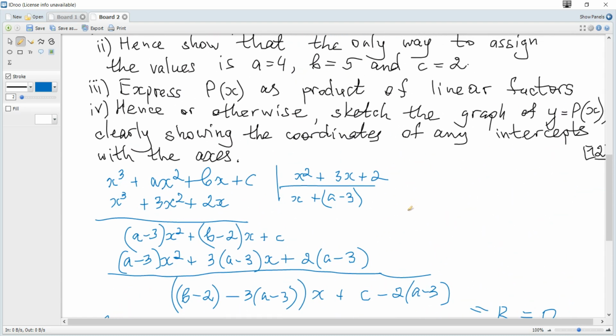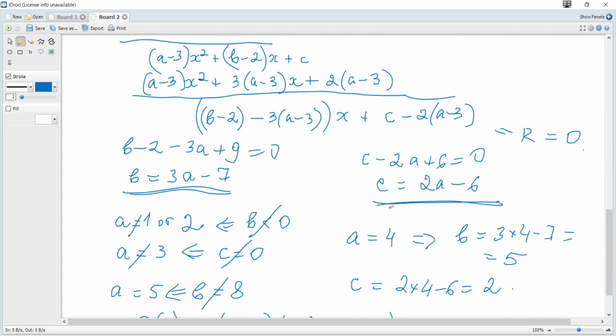Linear factors. Hence, sketch the graph of y equals p of x, clearly showing the coordinates of any intercepts with the axis.